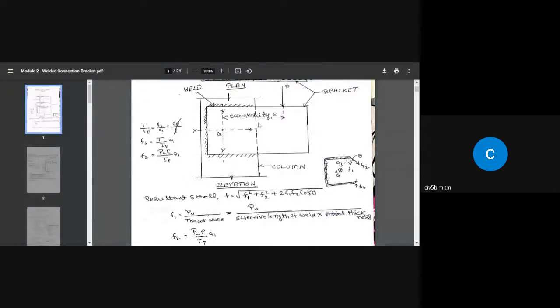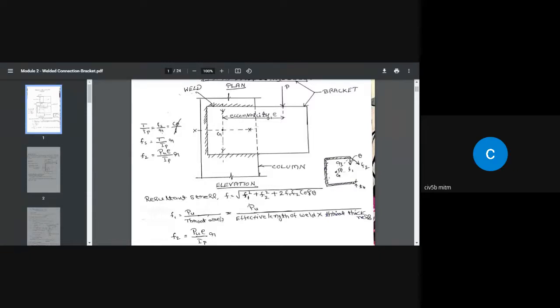As I said, due to the eccentricity of the load, the weld is subjected to direct shear, and the shear stress is given by the load P divided by the throat area of the entire weld. When we are designing, instead of using P, the service load, we are going to deal with the ultimate or design load.